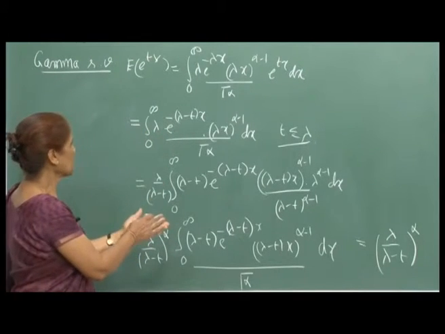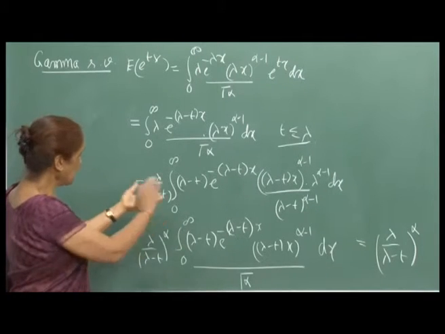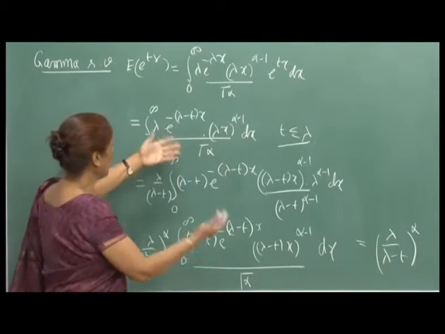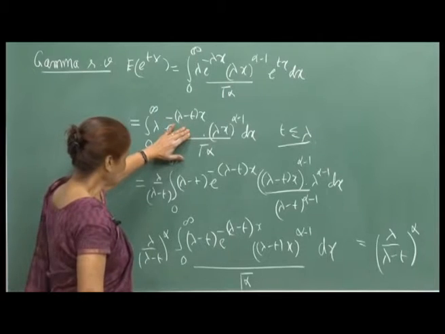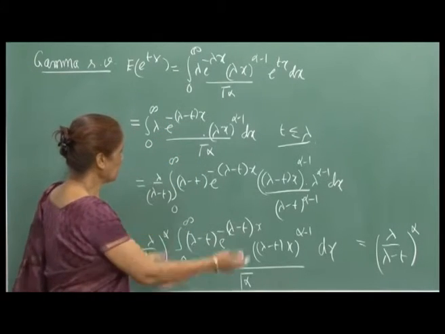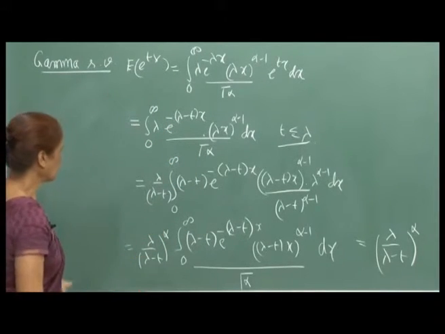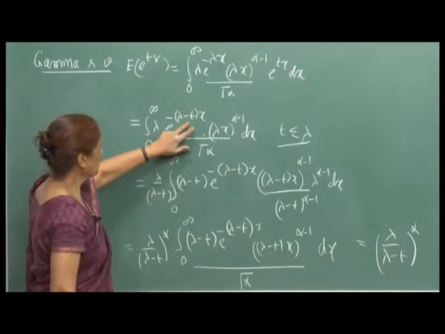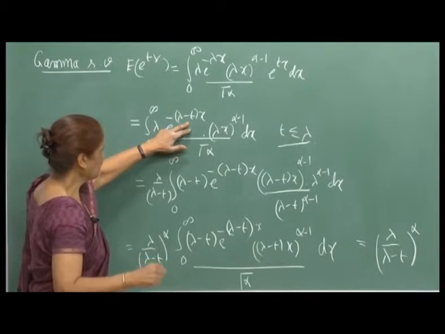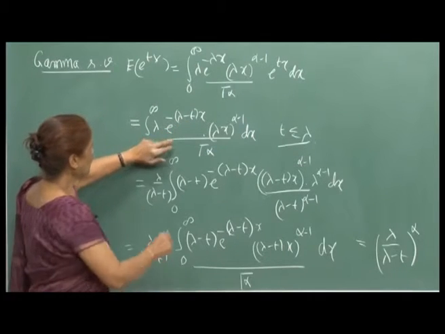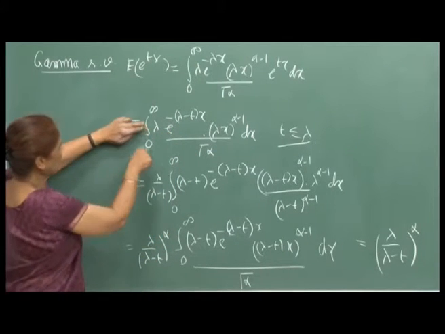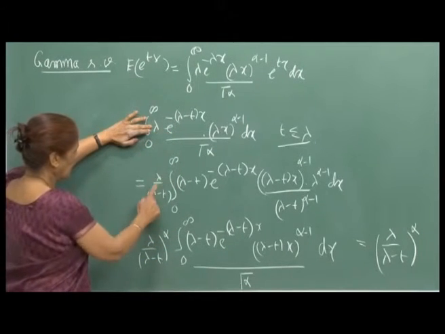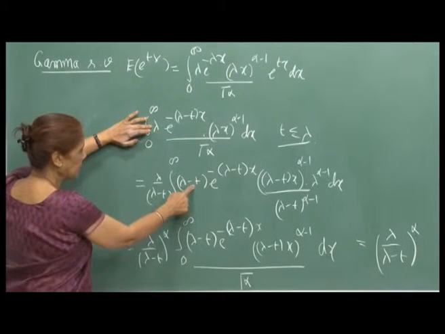Again, the trick is to manipulate the integral, add, subtract, divide or multiply, so that I get into a familiar form plus a constant into a constant. Here you see the parameter shifts from lambda to lambda minus t. That is not difficult, because I can write lambda as lambda upon lambda minus t into lambda minus t.